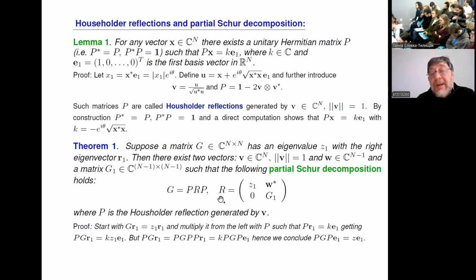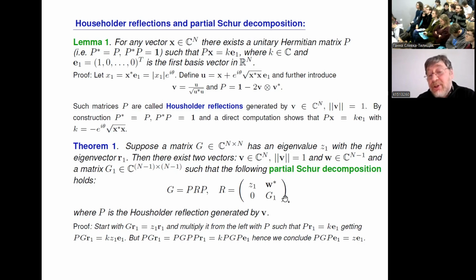It's a matrix of the following form. In its upper left corner, we have precisely this complex eigenvalue Z1. Then in the rest of the first row, we have the conjugate of this vector W. And then in the first column we have 0 everywhere below the first entry Z1.